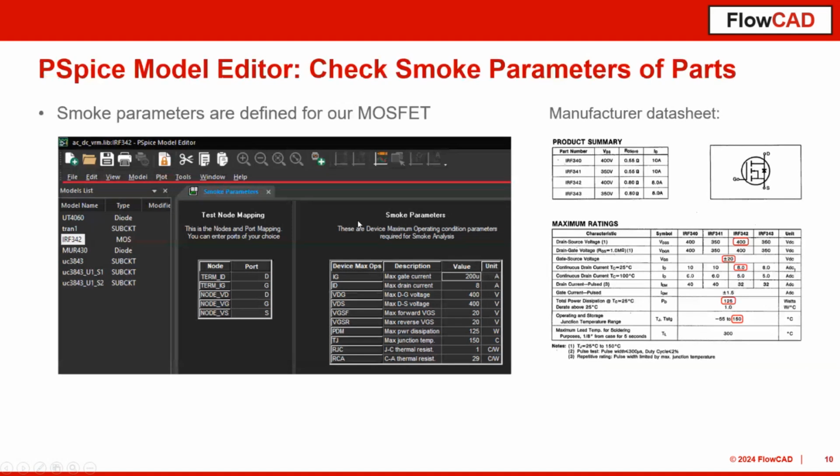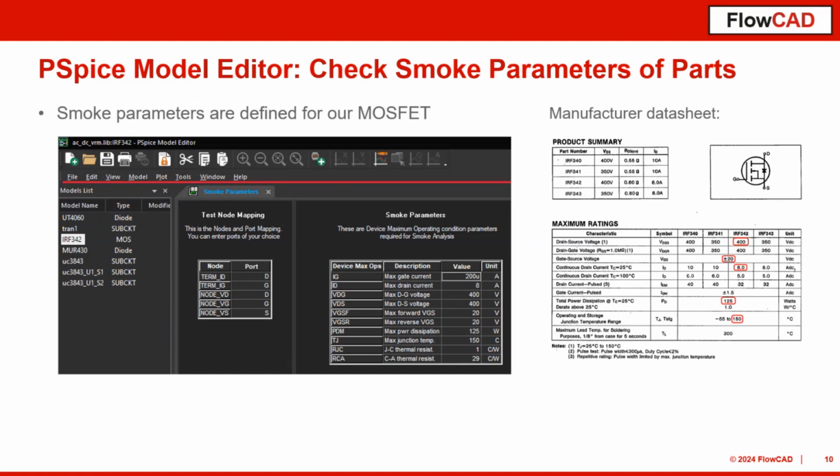I said at the beginning, you need to have smoke parameters defined. And I said also that all the components that are delivered along with the tool installation already have these smoke parameters defined. But now you have one more component for your circuit, which is not part of the standard models that are shipped with PSpice. How do I get to the smoke parameters?